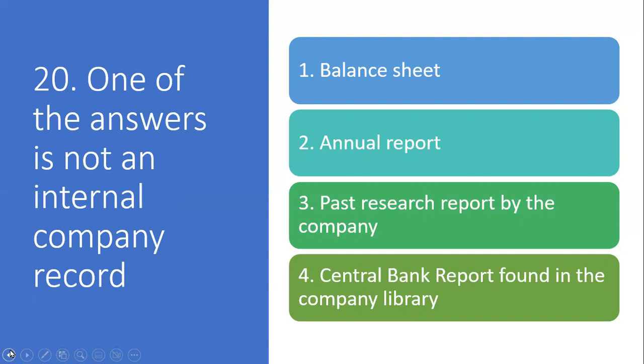One of the answers, not an internal company record, although they are inside the company, but it does not generated from the company. So balance sheet generates from the company, annual report generates from the company, past research report by the company is also generated from the company. Therefore, number 4 is the correct answer.